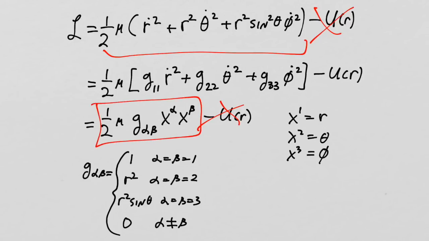Now, this is exactly what we did when we built the geodesic equations up from a variational principle in our general relativity analysis. We started from this metric. And this metric here is, in fact, the metric of flat Euclidean space.